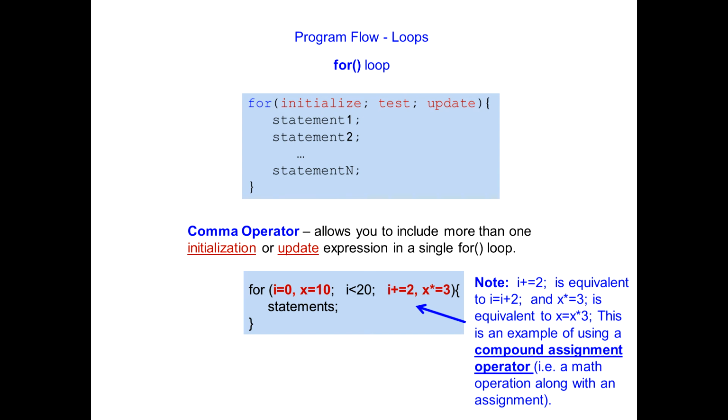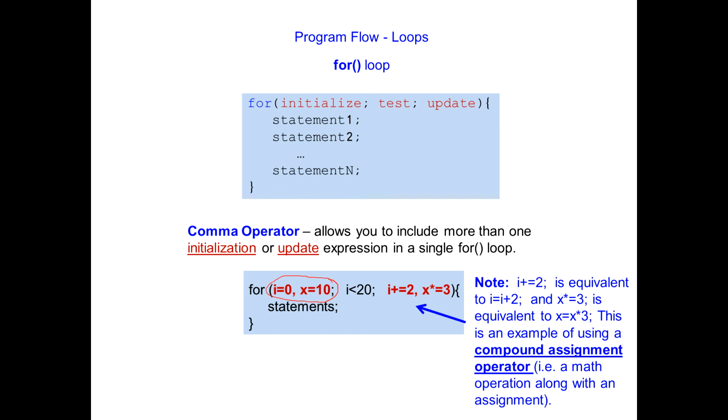One other thing we should point out is the use of a comma operator. You can put commas in both the initialization and update fields. So here's an example where we will have 2 variables initialized: it will set i equal to 0, and we could set x equal to 10.